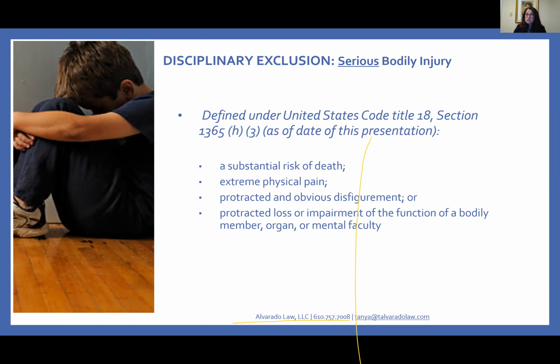If your child is trying to be excluded and the district says, well, the teacher had to go to the emergency room, that in and of itself isn't enough. They have to show that there was one of these 4 things: substantial risk of death, extreme physical pain, a protracted disfigurement, or loss or impairment of a function of a body member, an organ, or mental faculty. So we're talking about extreme things. We're not talking about bruises, scratches, that kind of stuff.